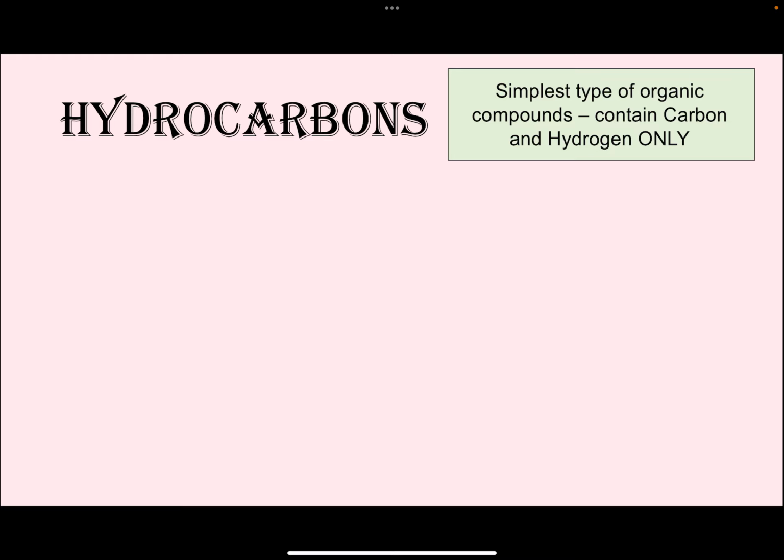So the hydrocarbons are the simplest type of organic compounds out there, and these have carbon atoms combined with hydrogen atoms. These are the only two elements found in hydrocarbons. If you also see oxygen and nitrogen or anything else in any structure, then that's a different type of organic compound.